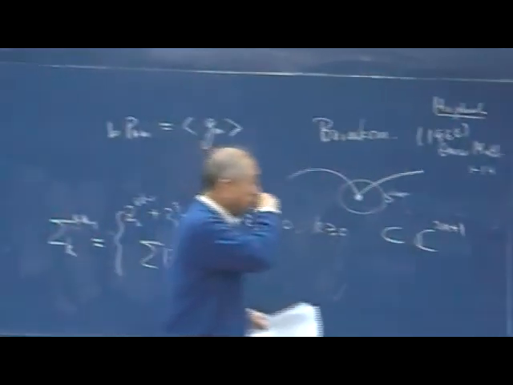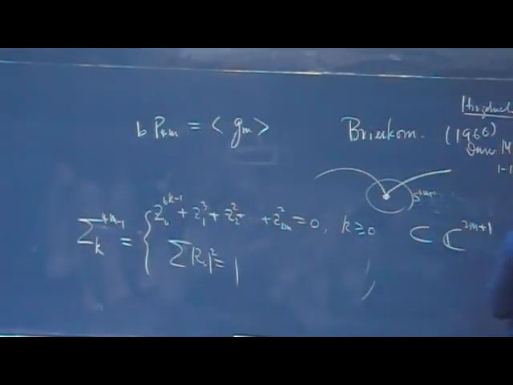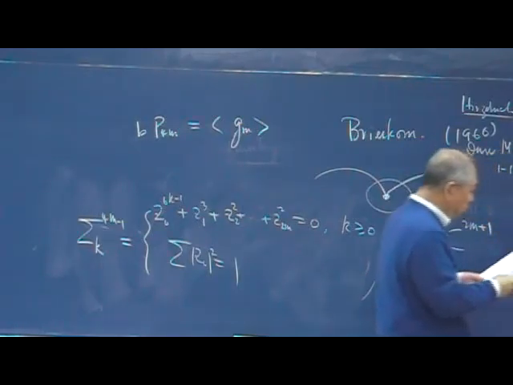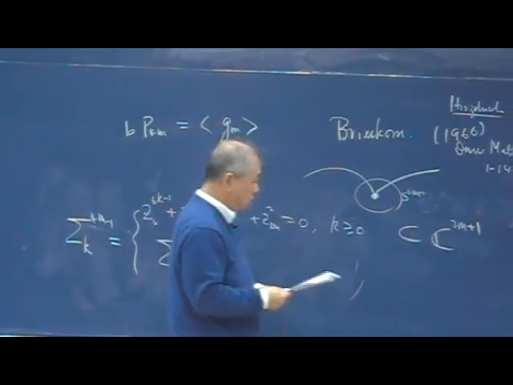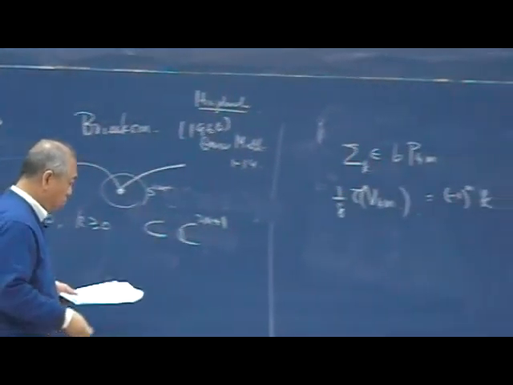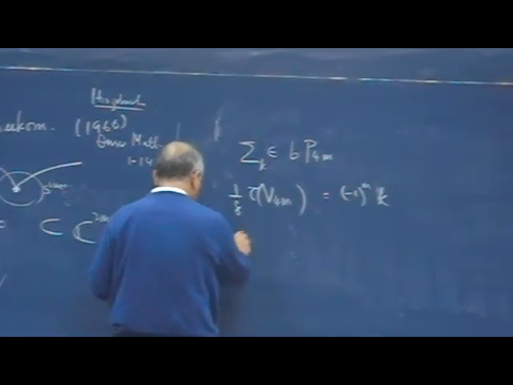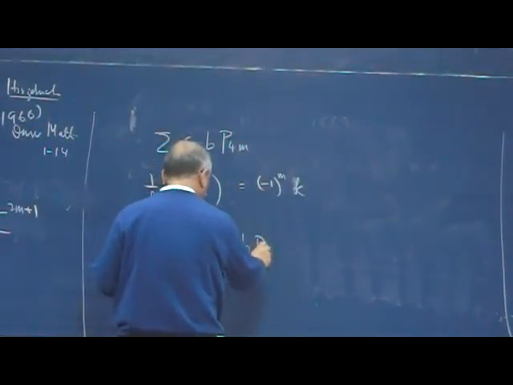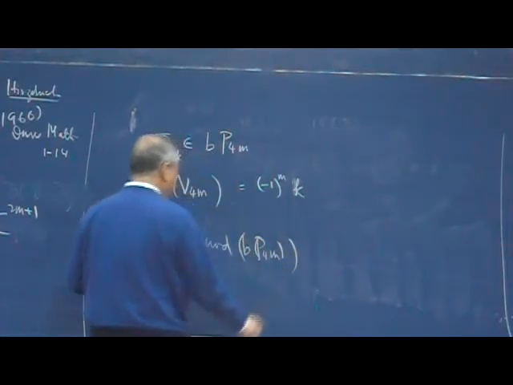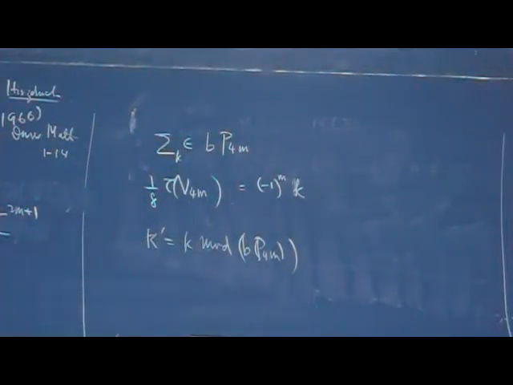So that means from sigma k, this k determines the manifold if k is equivalent mod this number. Then this implies the manifold is equal to 1.